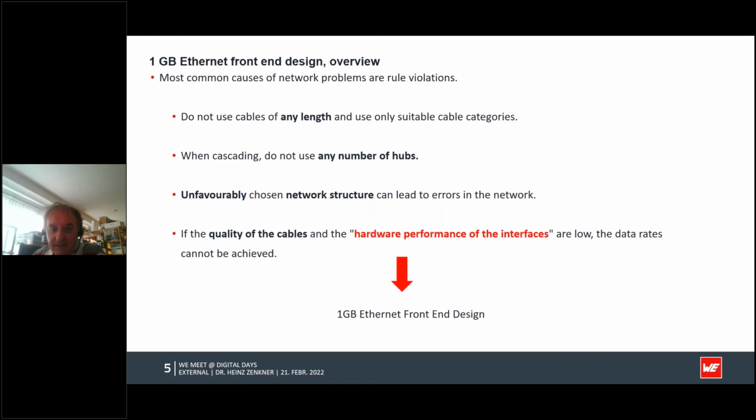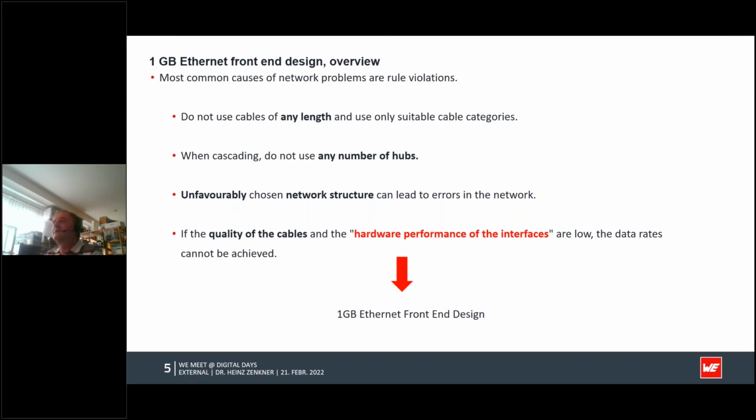Today we will talk about the hardware performance of the interface, which is, I think, the most crucial point, because there you can make many things wrong, which are very difficult then to find out where the reason is.